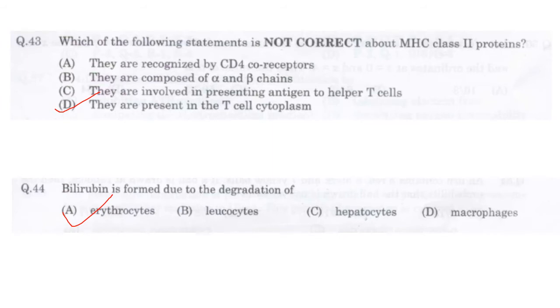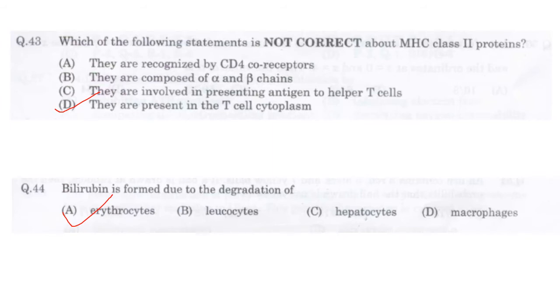So they are recognized by CD4 co-receptors. That's correct. They are composed of alpha and beta chains. That is also correct. They are involved in presenting antigen to helper T cells. That is also correct. They are present in T cell cytoplasm. No, I already told that they are transmembrane glycoprotein molecules with a cytoplasmic tail. So option D is incorrect.